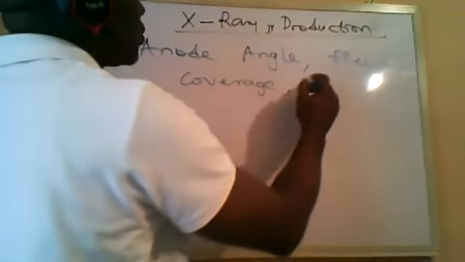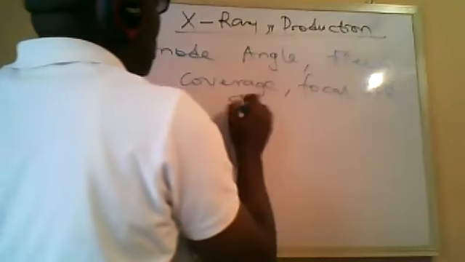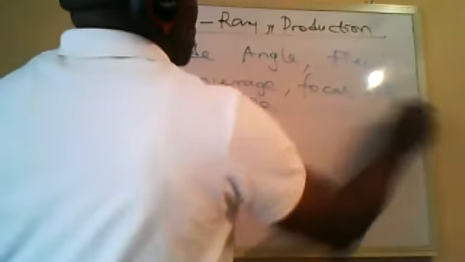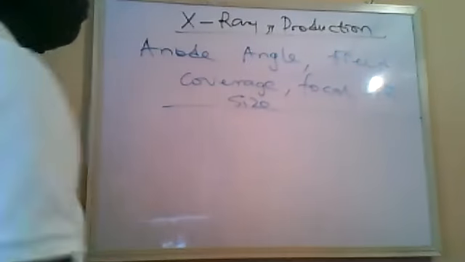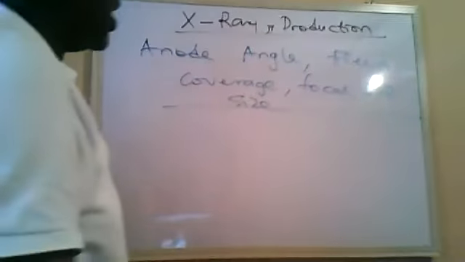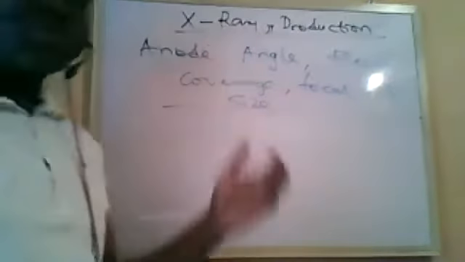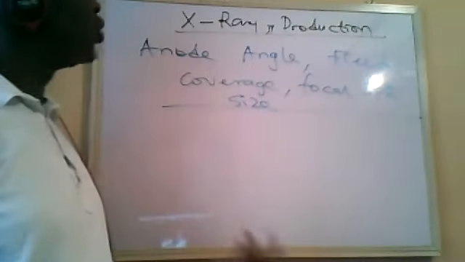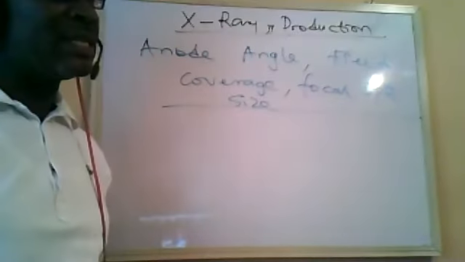That's one side. In the X-ray tube, there is a deliberate introduction of an anode angle for some reasons.